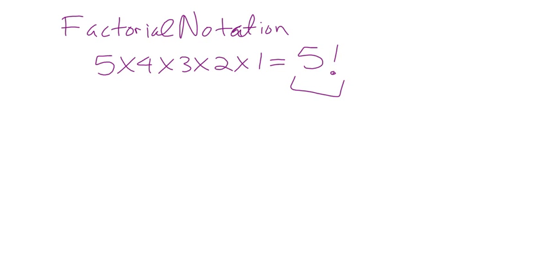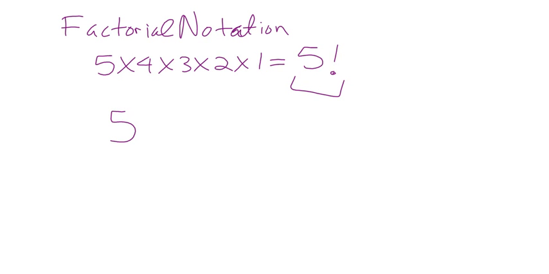So if you go to your calculator and you go 5, and then you hit math, it's in one of the math menus. Then left arrow to PRB, which is actually all the way over to the right, but it's faster if you go left once. And then you will see the exclamation mark, and you can either arrow down to it and hit enter, or you can hit the number, which is like 4.